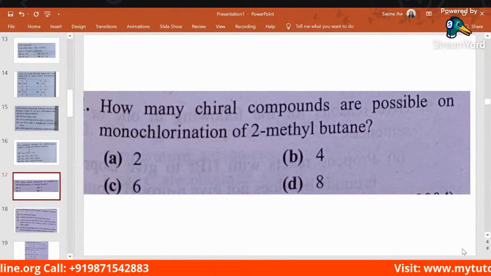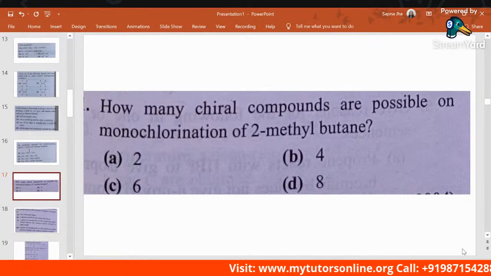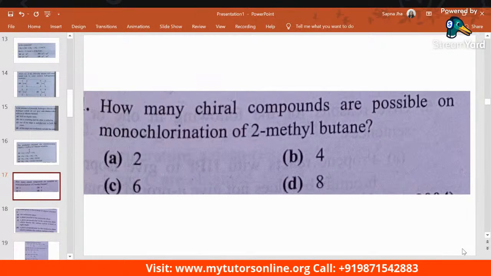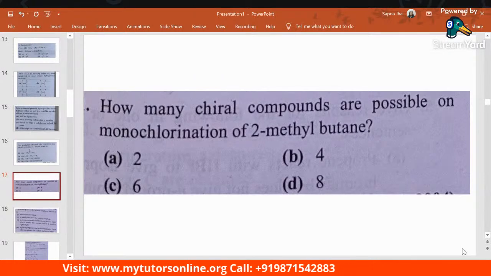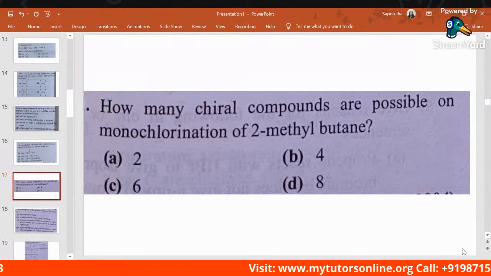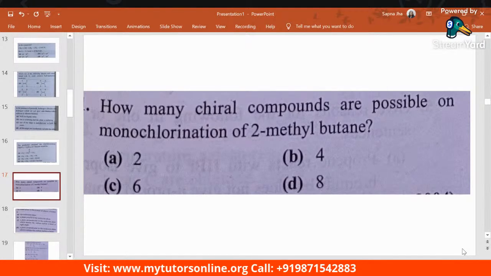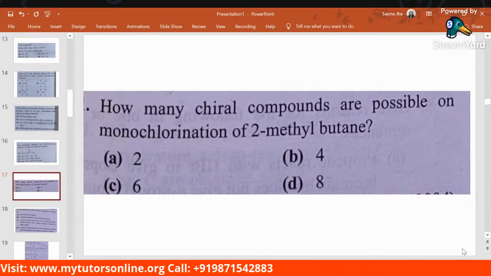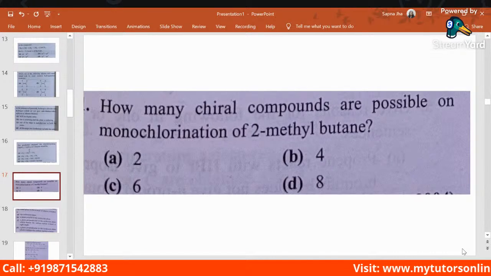so the next question is, how many chiral compounds are possible on monochlorination of 2-methyl butane? Either it could be 2, 4, 6, or 8. So, how many chiral compounds are possible on monochlorination of 2-methyl butane?